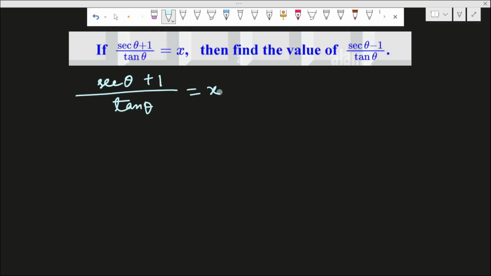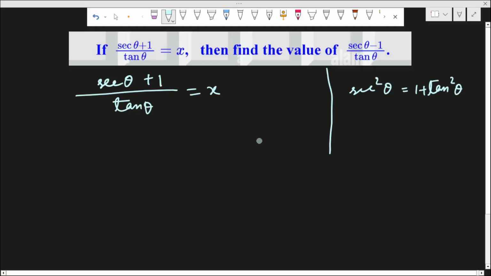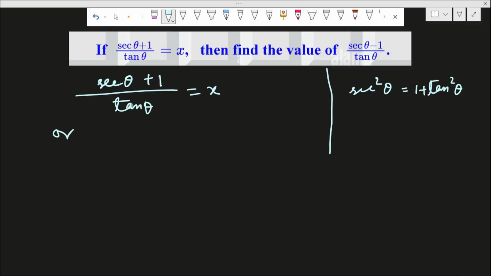Now, there is a formula related to sec and tan: sec square theta is equal to 1 plus tan square theta. In sec theta plus 1 by tan theta, put the value of tan square theta, that is sec square theta minus 1.